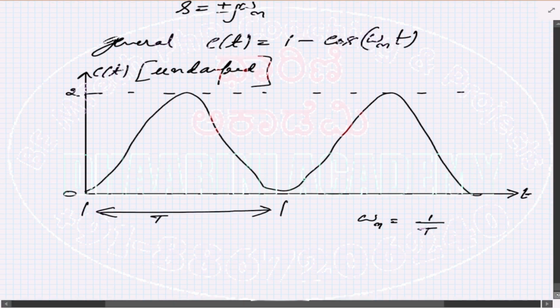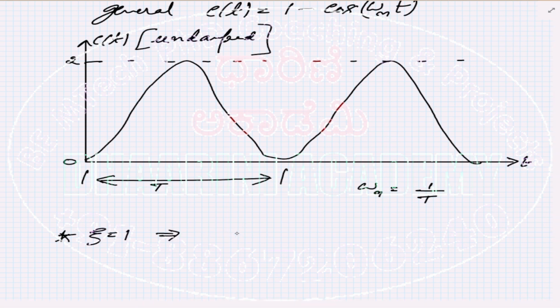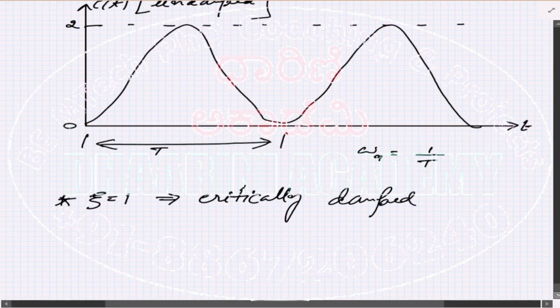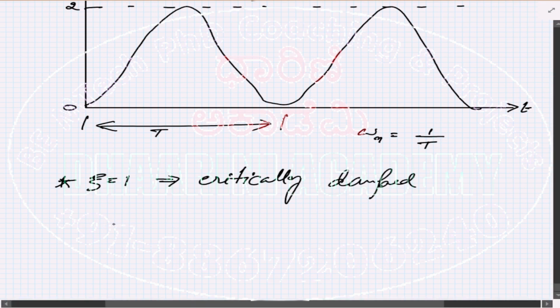Then we go for the critically damped case. This is the next case, that is when zeta equal to 1. This case is said to be critically damped. Now again, we can substitute zeta equal to 1 and try to solve it. So what happens to the transfer function?